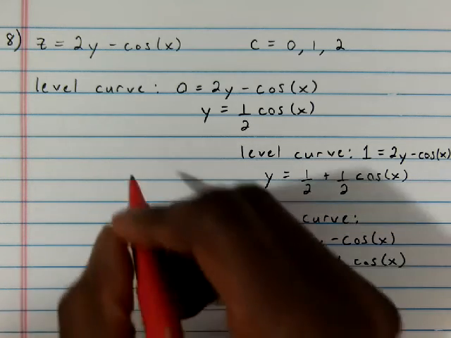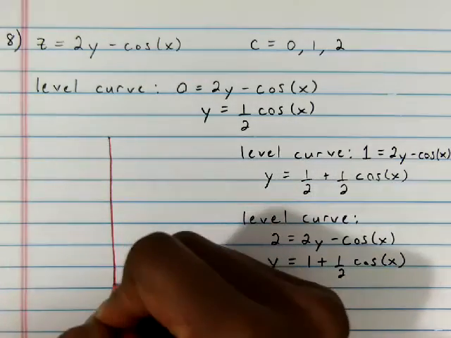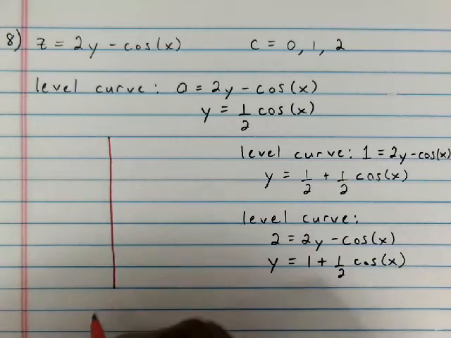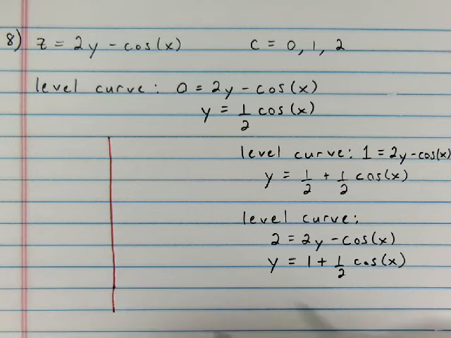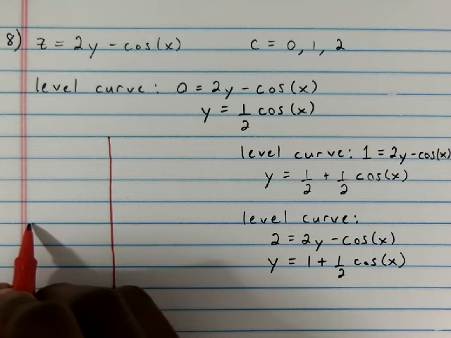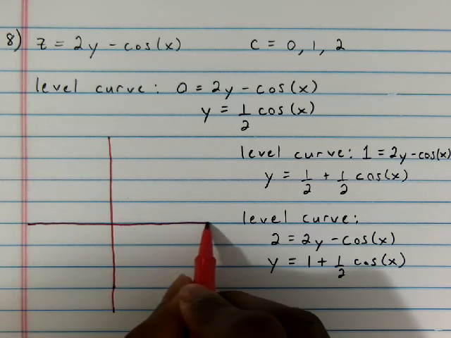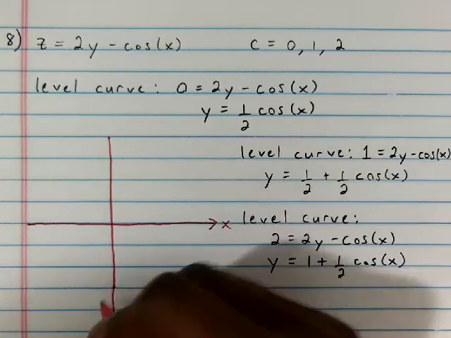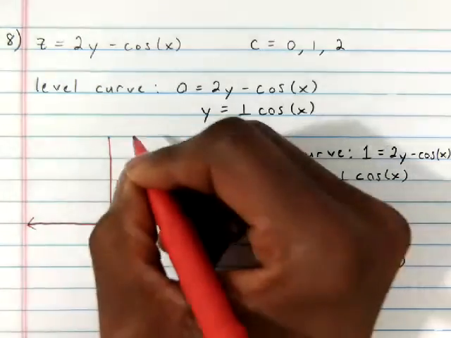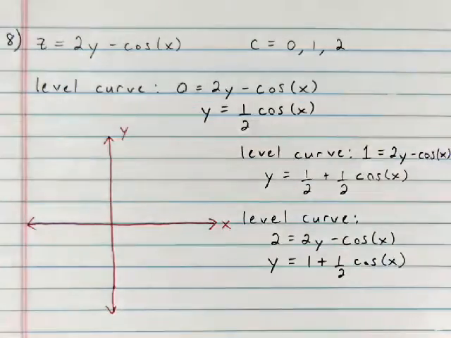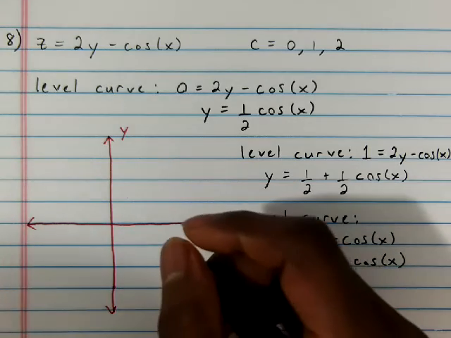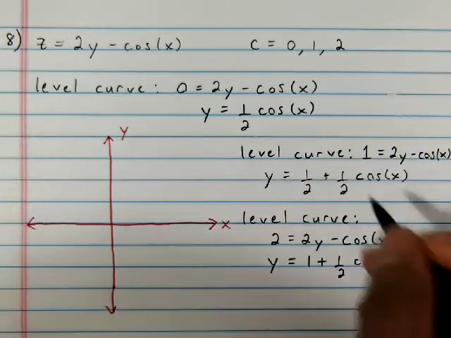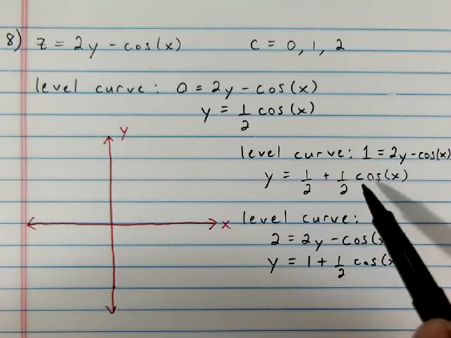So now sketching these level curves. I should actually move my axis over. Let's do c equals 0, c equals 1.